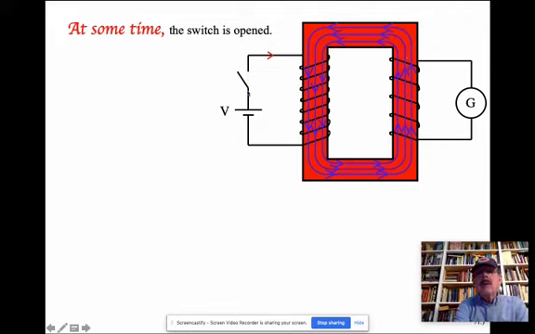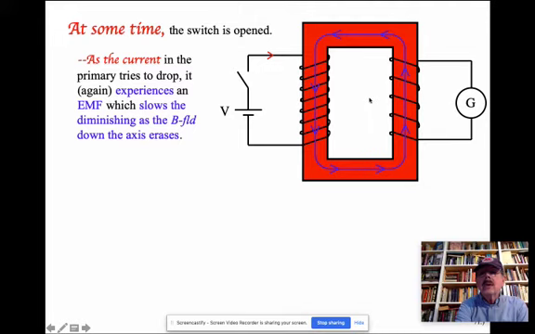So after a period of time, the switch gets opened. And when that happens, this current dies out. And again, it doesn't die out quite as fast as it normally would have, because now the magnetic flux is decreasing, which means you get an induced EMF that fights the change, etc. But again, what we're really interested in is what's going on over here, because over here, now the magnetic field starts to diminish.